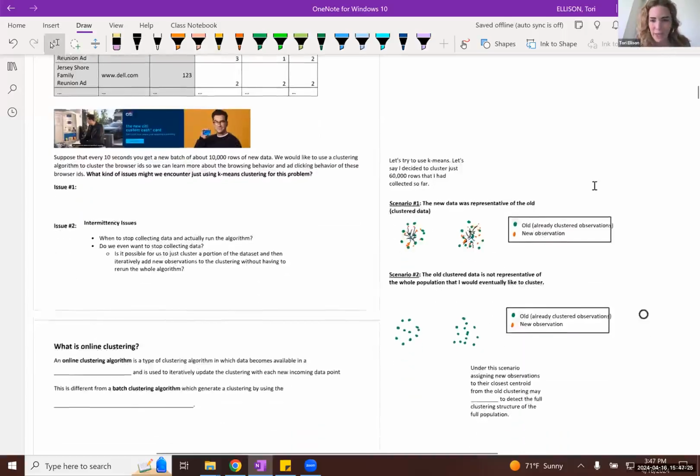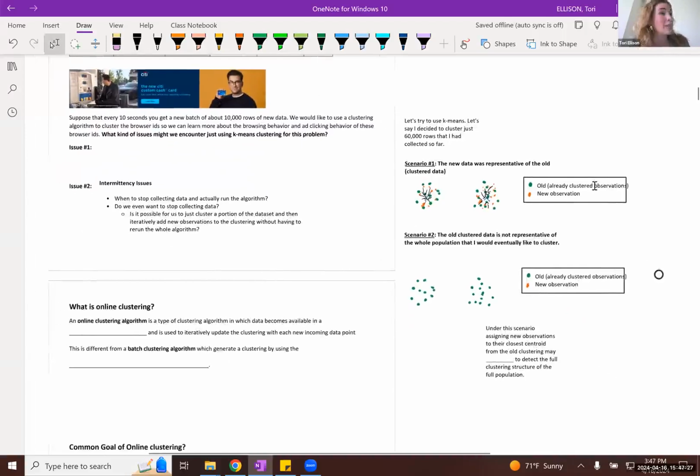So in a scenario like that, we might expect to get pretty decent clustering results without having to rerun the whole algorithm.